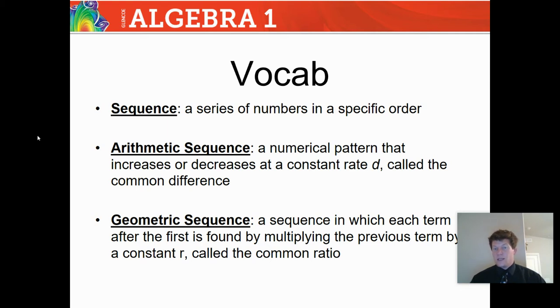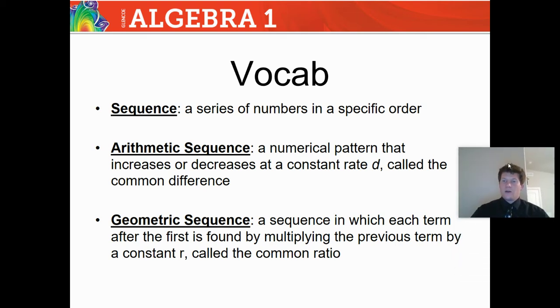For arithmetic sequences, it's a numerical pattern that increases or decreases at a constant rate called d, which is known as the common difference. A geometric sequence is very similar in that it follows a pattern, but instead of increasing or decreasing at a constant rate, it increases or decreases by a multiplier.